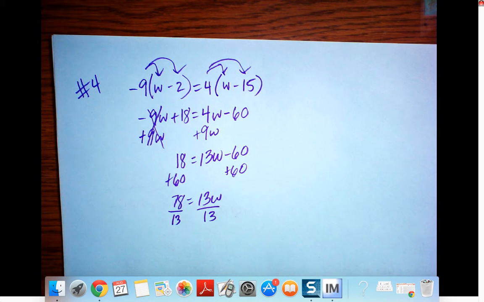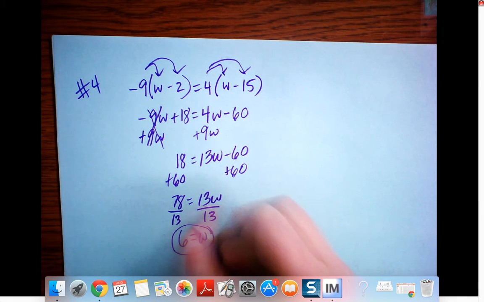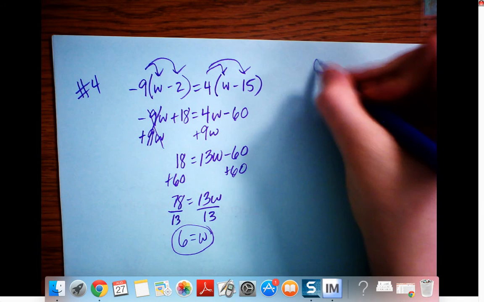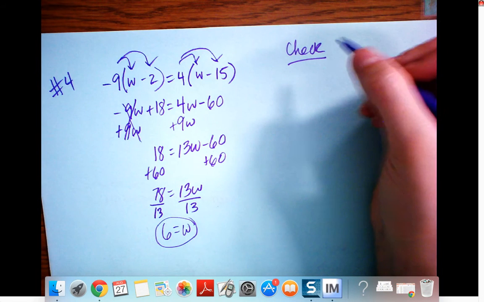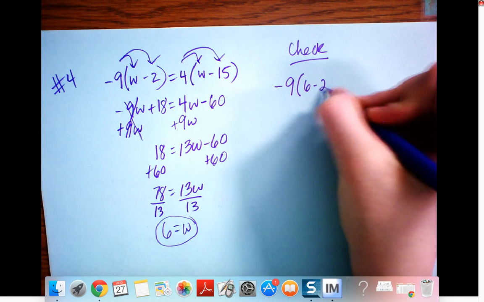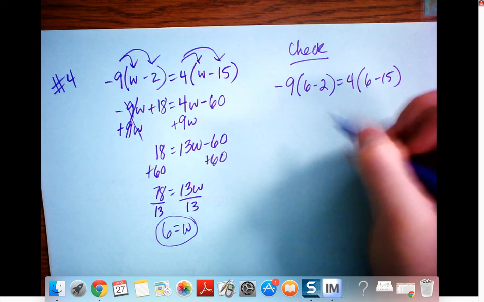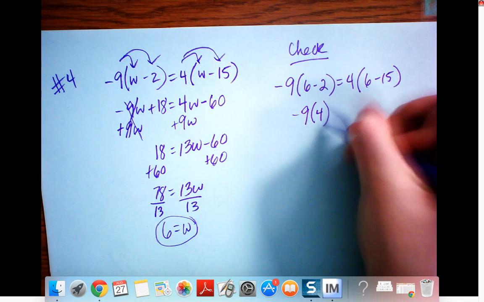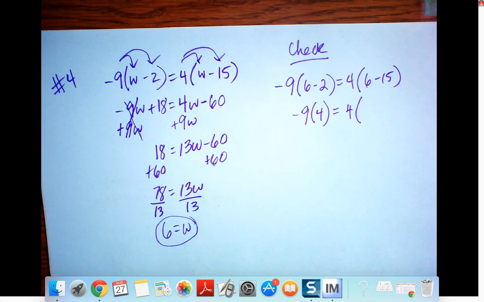And 78 divided by 13 is 6. And we have to check it. Negative 9. Yes.